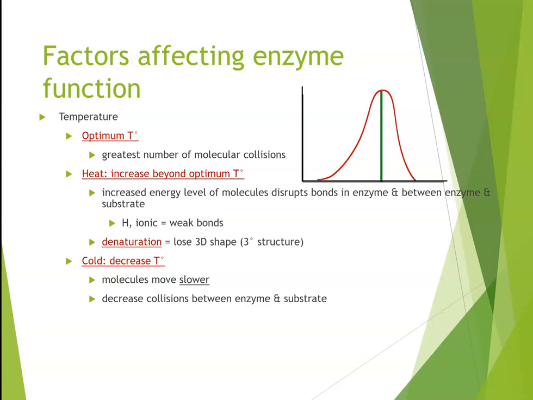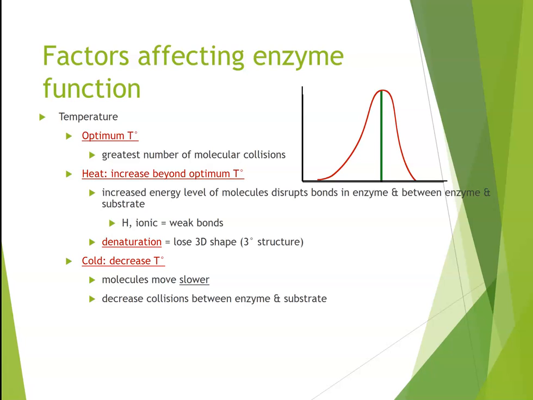Remember, enzymes are proteins, so when we heat things and we disrupt the bonds in the enzymes, you are going to have a reduced ability of that enzyme to bind with its substrate, and at some point, that enzyme will denature.